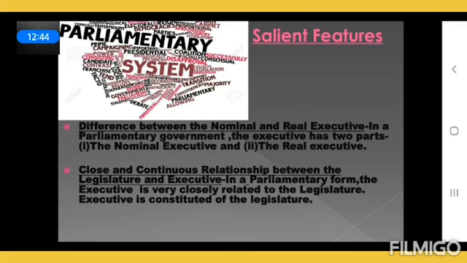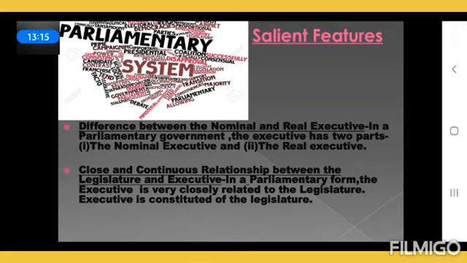So in this parliamentary form of government, the executive and the legislature have a close and continuous relationship. Why? Because the executive is constituted, or born, out of the legislature. And the leader of the majority party in the legislature gets appointed as the prime minister.